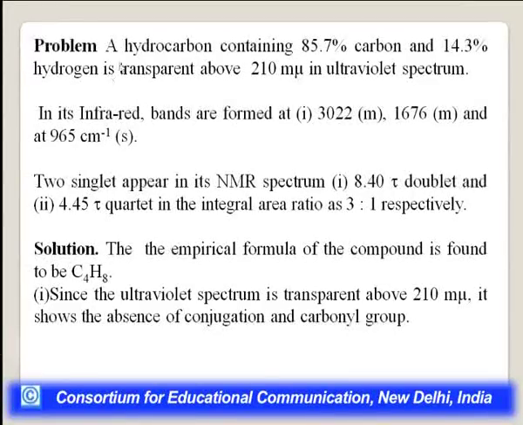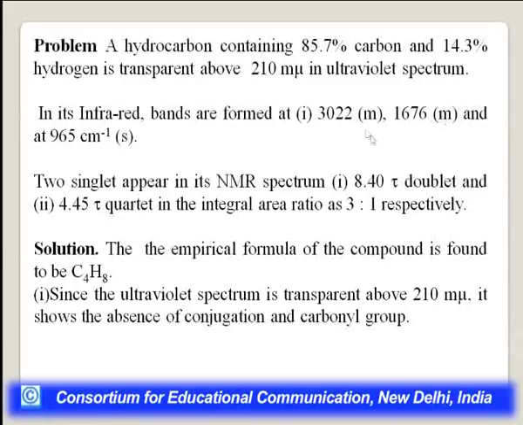Another problem is there. A hydrocarbon containing 85.7 carbon and 14.3 hydrogen is transparent above 210 in the ultraviolet spectrum. As far as the infrared spectrum is concerned, there are 3 peaks you can observe over here: 3022 centimeter inverse, and another at 1676.